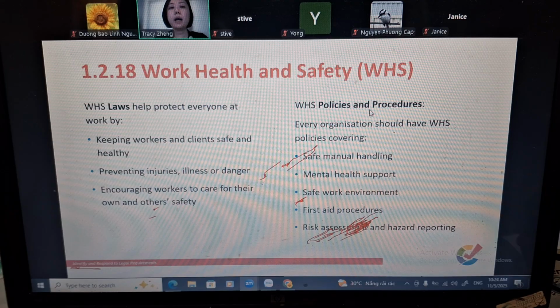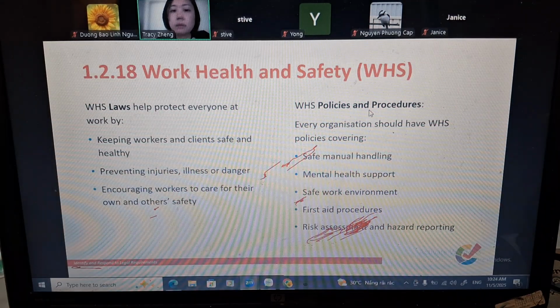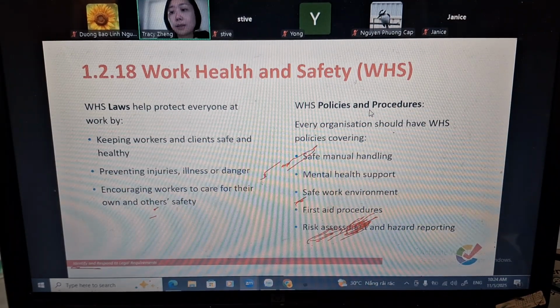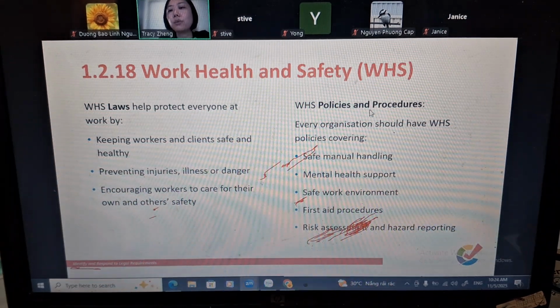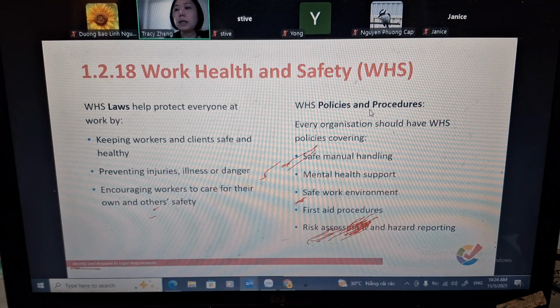All right. So the policy and procedure will cover key points such as safe manual handling, mental health support, safe work environment, first aid procedure, and also risk assessment and hazard reporting. Those are clearly outlined in your organization's policy and procedure.